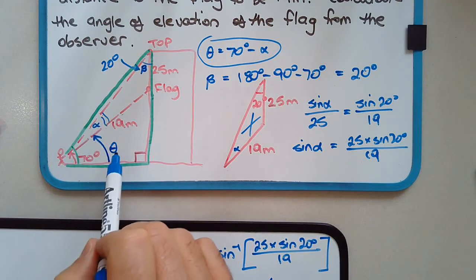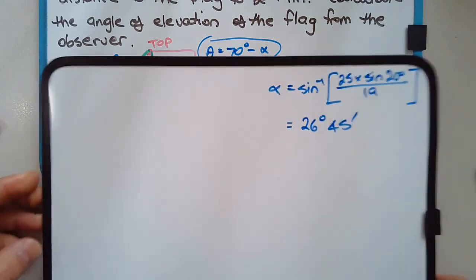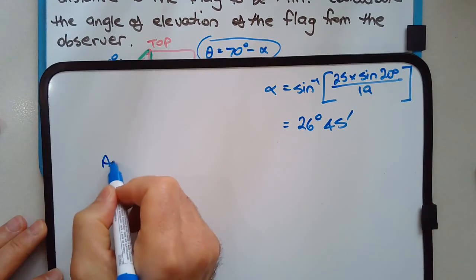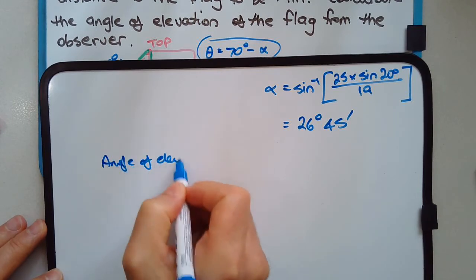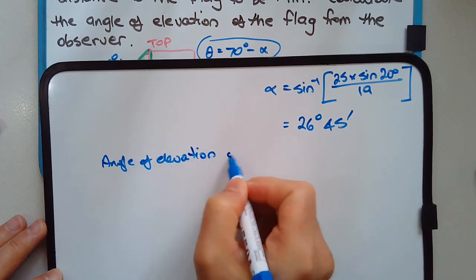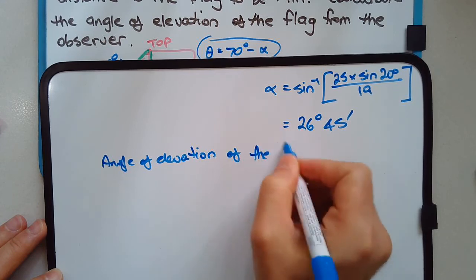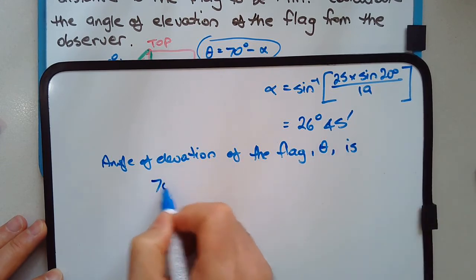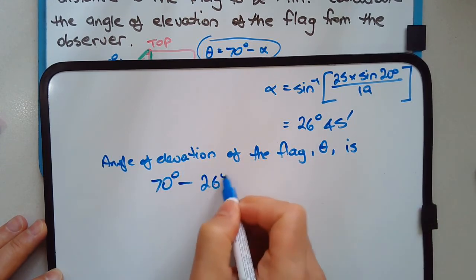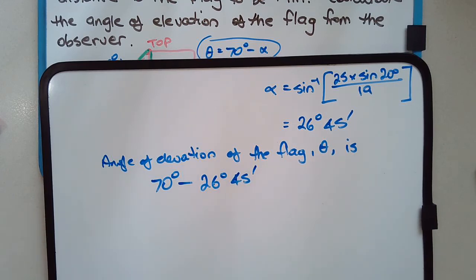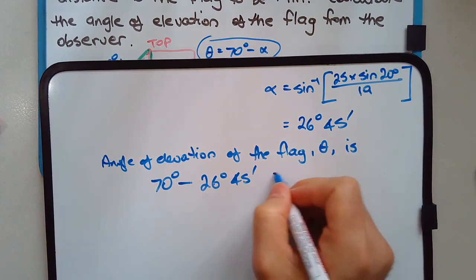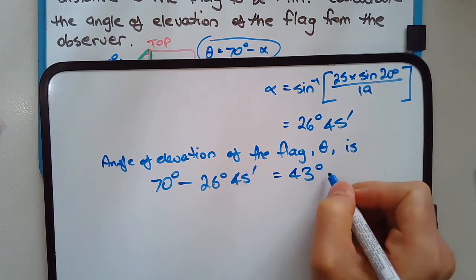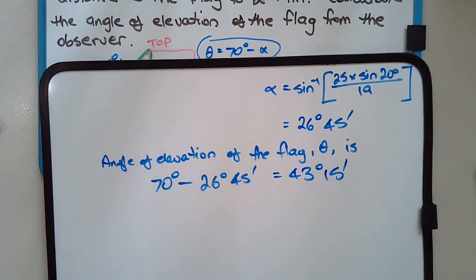So angle of elevation is 70 degrees minus 26 degrees 45 minutes, and that would be 43 degrees and 15 minutes.